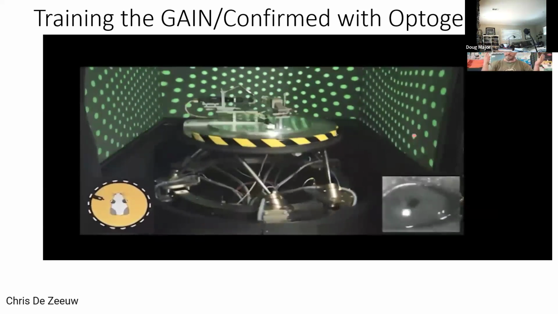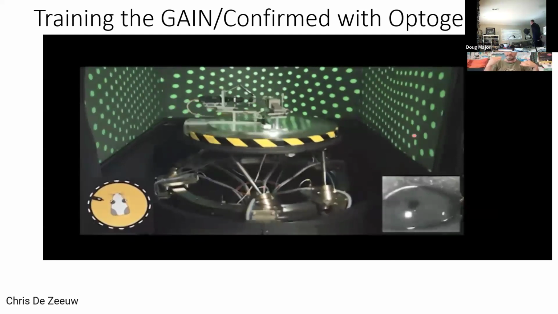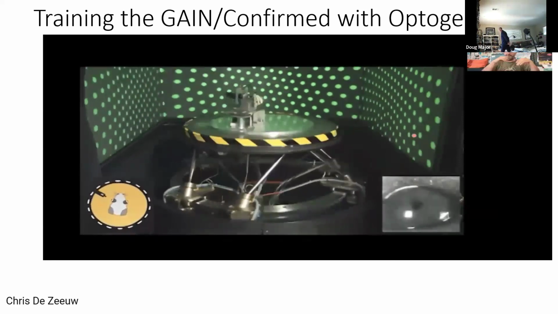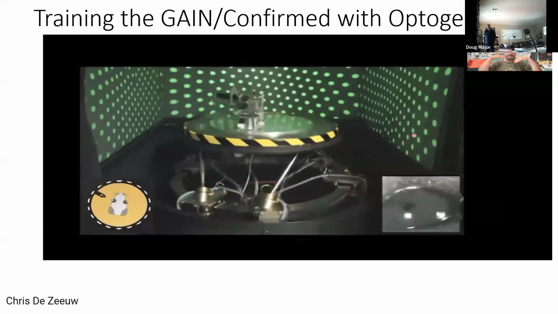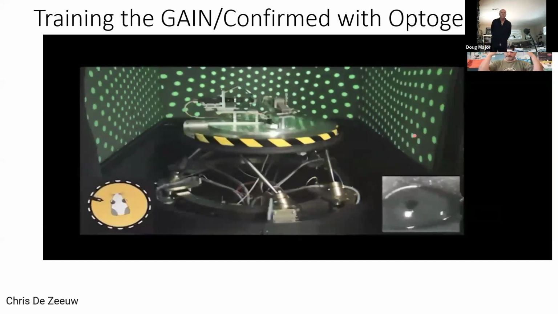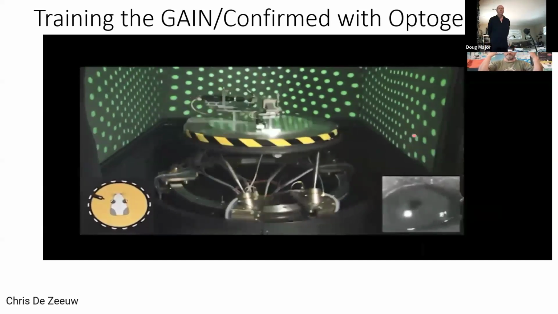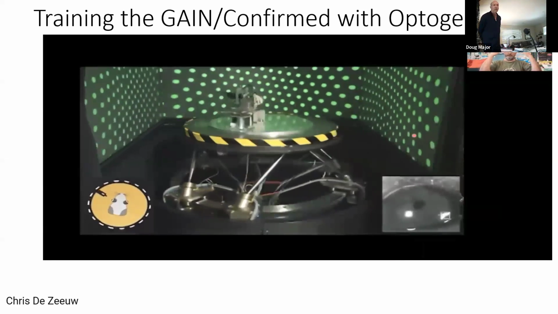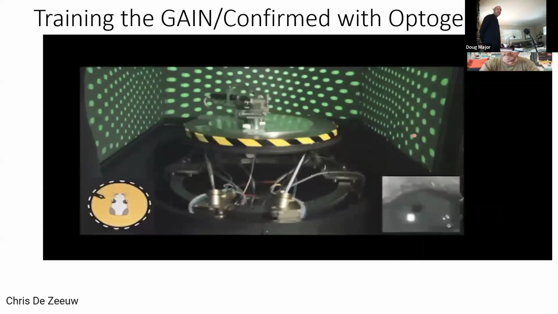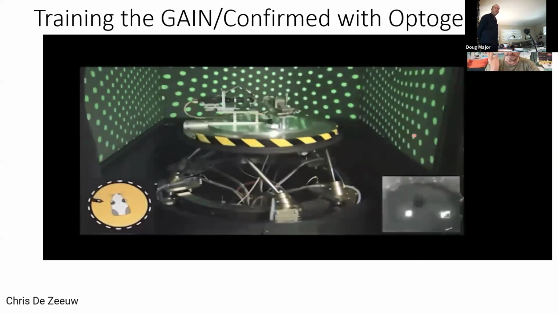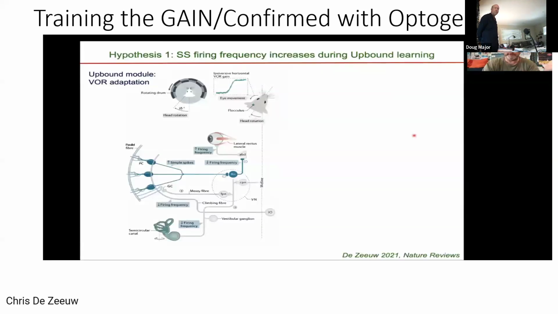And when you subject the mouse for like half an hour to the stimulus and then put them back in the dark, then you will of course see that due to the increase in retinal slip, which changes the Purkinje cell activity, you will see the change in the gain, the amplitude of the eye movement. There are many possibilities to vary this over time and space, but I'm just taking this very simple paradigm for today.